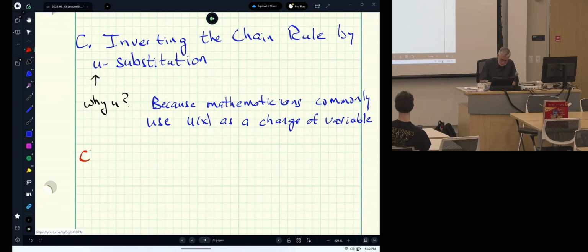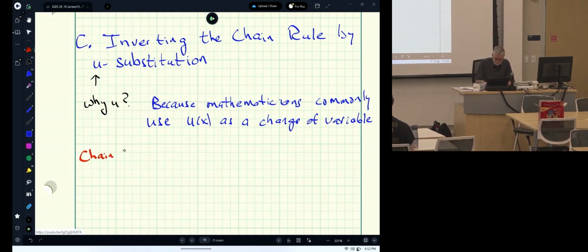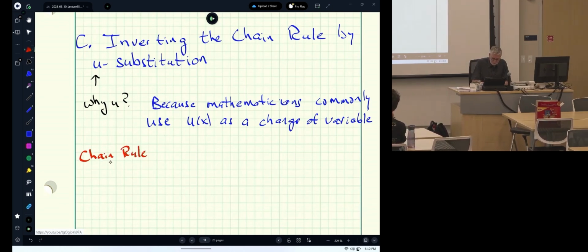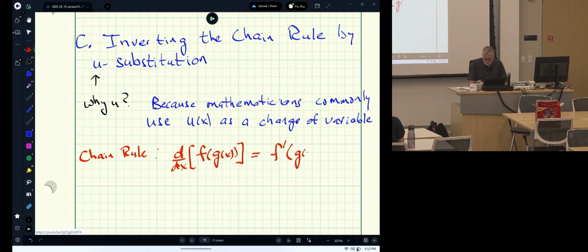So, if inverting the chain rule, how does that go? Chain rule says d by dx of f of g of x equals f prime at g of x times g prime of x.